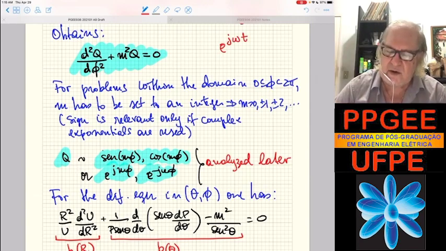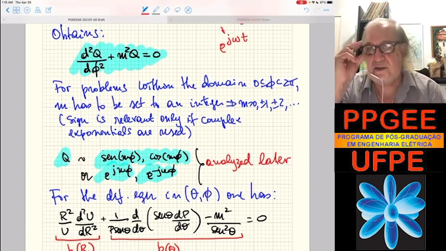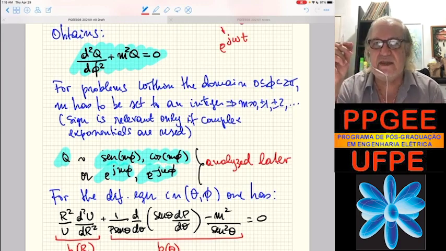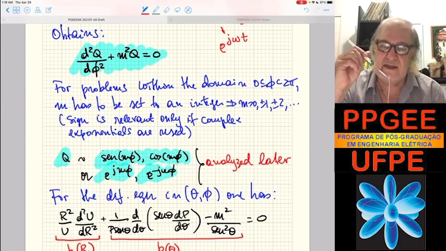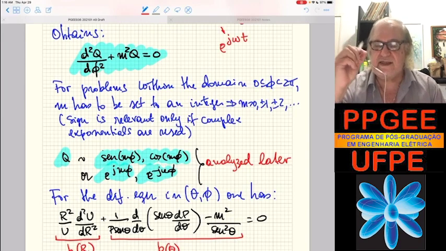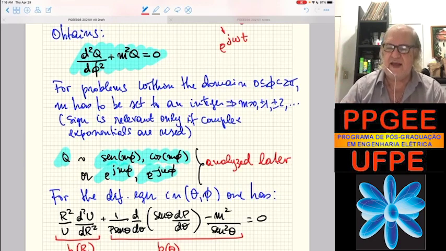So we use the symbol j to represent the purely imaginary number. This is different from physics. People from physics, instead of that, use exponential minus i omega t.